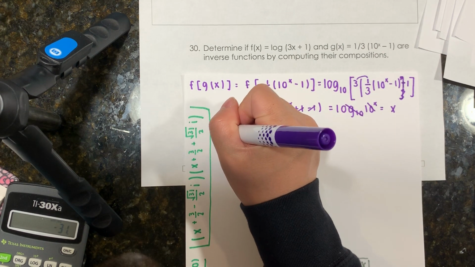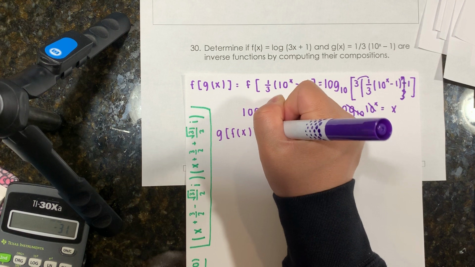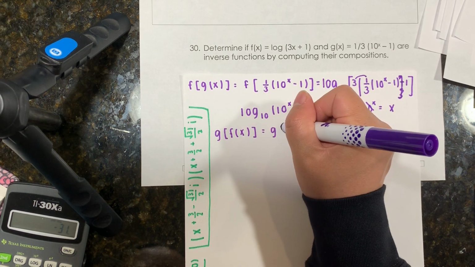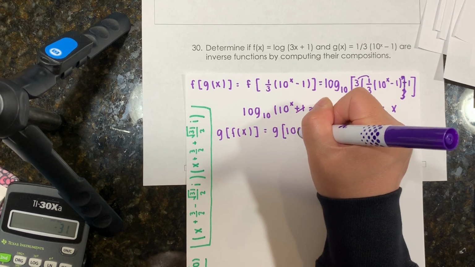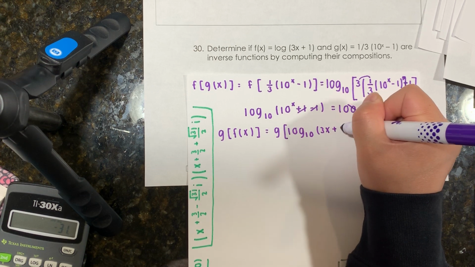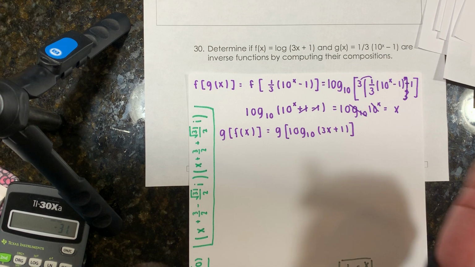So let's do g composite f. And that's exactly what we needed to equal was x. So I have g of my log function, which is going to be log, we assume the base is 10, of 3x plus 1. And this is going to go into the exponent.